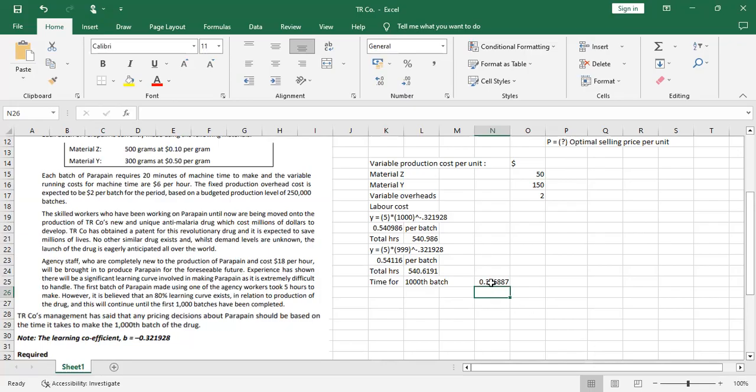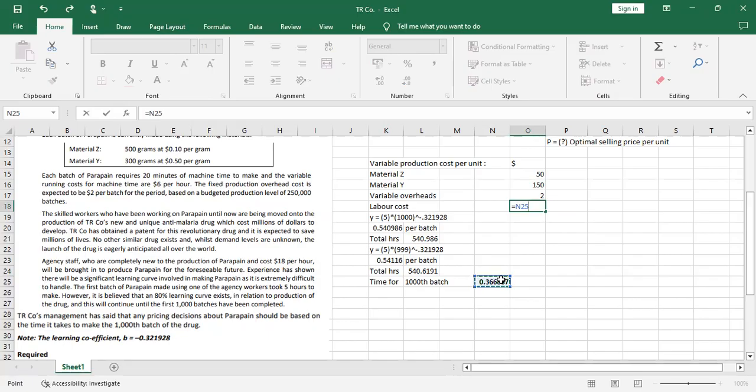Now we have the time for the 1000th batch, and in the question he told us that you will use the data up till 1000 units. So now we can calculate our labor cost. This time for each batch is multiplied with labor rate per hour. Labor rate per hour is provided here in the question, 18. So you can multiply with 18.